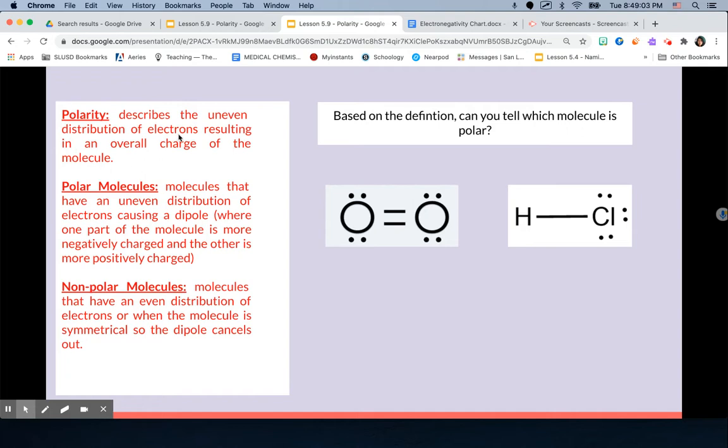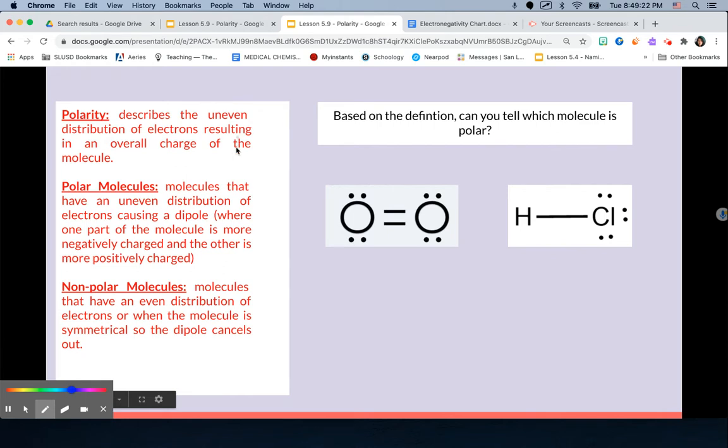So polarity in general describes the uneven distribution of electrons, creating an overall charge in the molecule. So basically, if I have an uneven sharing of electrons, and remember that electrons are negative, right?